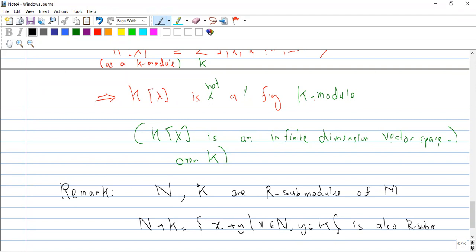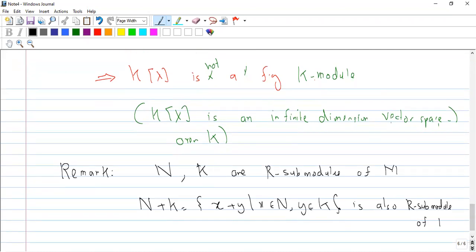Okay. So the point here is that we can take the sum, so we can define the operation of addition between submodules. ये आप लोग को याद होना चाहिए.